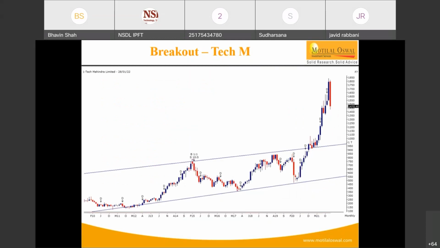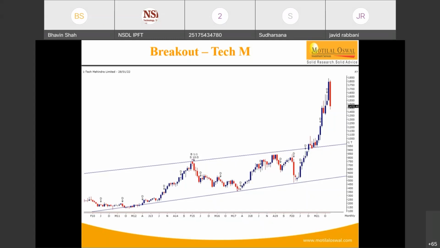So now this is the chart of Tech Mahindra, where we have seen that it had been in sort of a channel, and then a breakout came around December 2020 or early 2021, close to the 1,000 level. It was a very clear breakout, since it had been in a range for about 7-8 years.